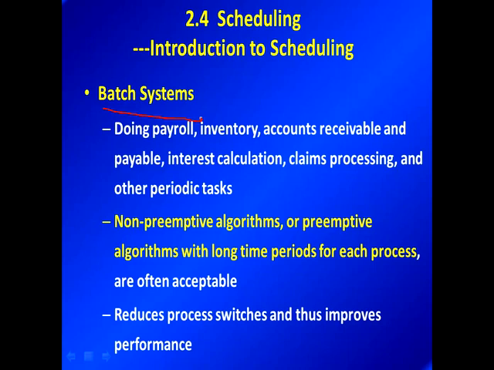Most of them are compute-bound processes. They need less interaction and fewer I/O operations, so they don't need to switch a lot among the processes. If we adopt non-preemptive algorithms, we can get better performance.